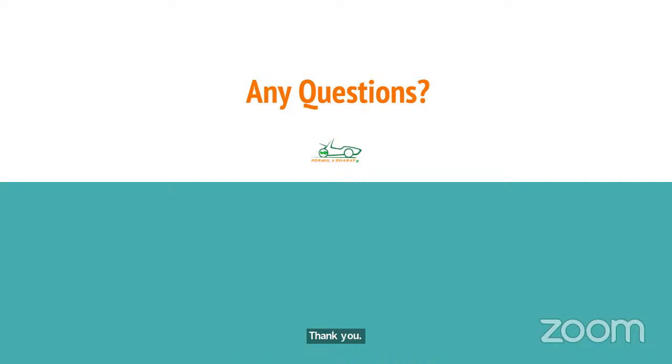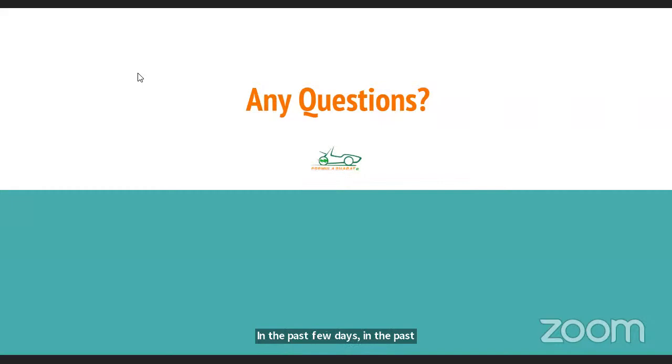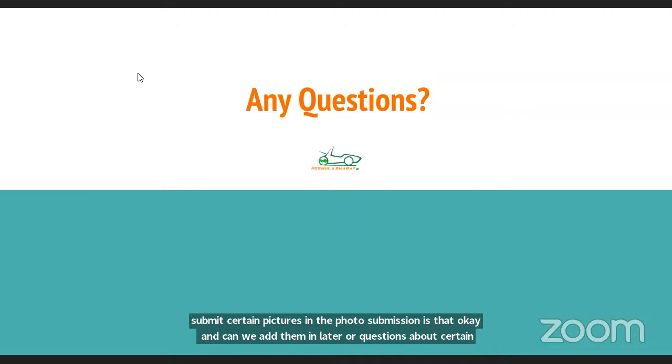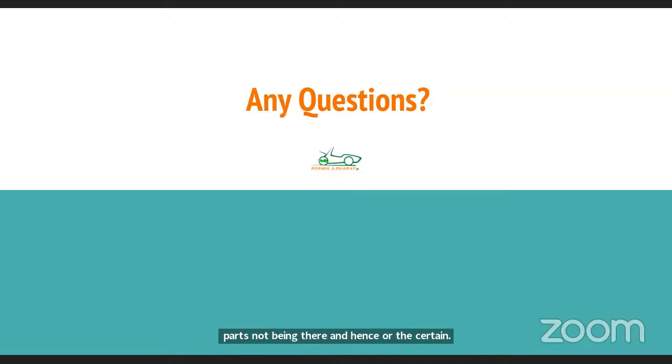We've been getting some other queries. Before y'all go with your questions, in the past few days there have been queries asking whether it is okay if we do not submit certain pictures in the photo submission, and whether we can add them in later. Questions about certain parts not being there, or certain things not being put together at the moment, and if that will be okay to be revised later since there's a last date to approve the document.